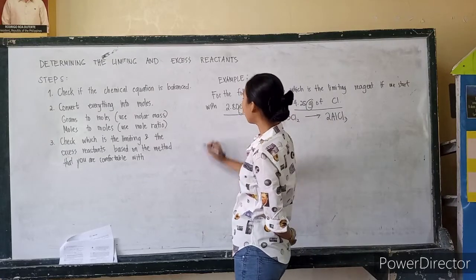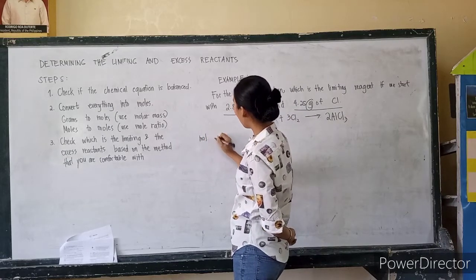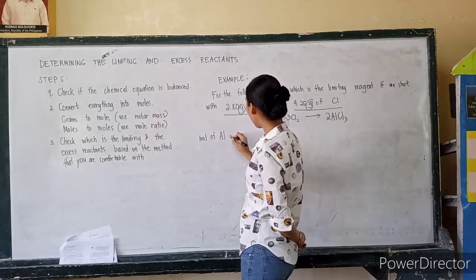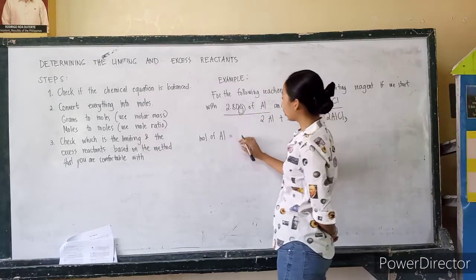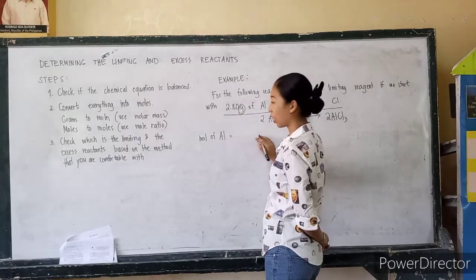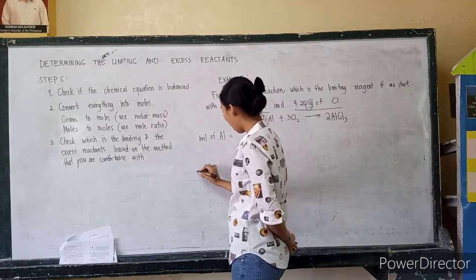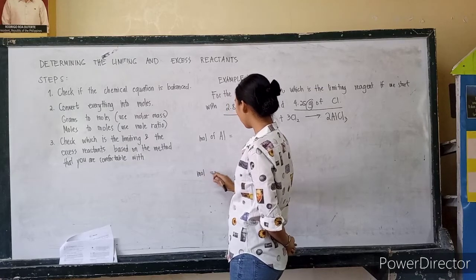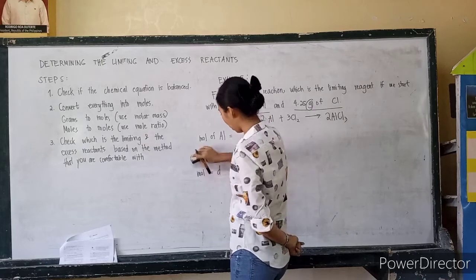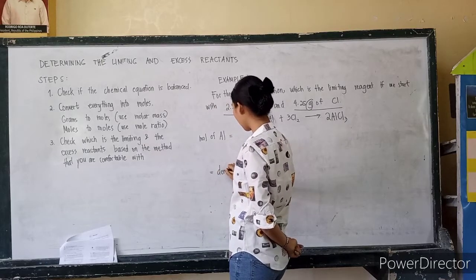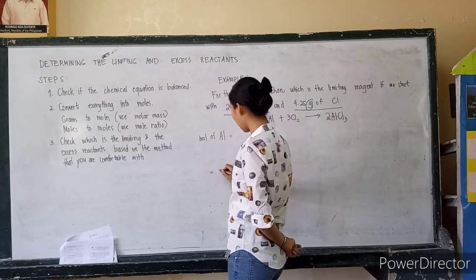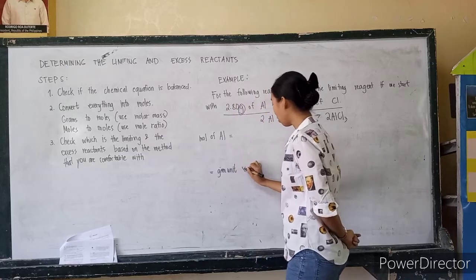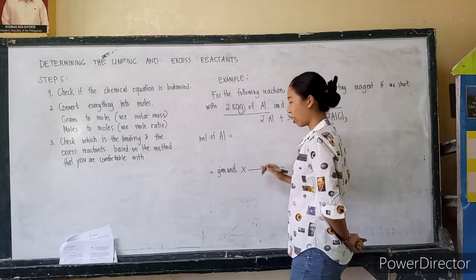Una-una, ang moles of aluminum. Unsa ba ang atong given? Ang imuhang given unit, grams, ug moles ang atong ipangita. Ang imuhang gamiton una is given unit, pagkahuman ang molar mass.